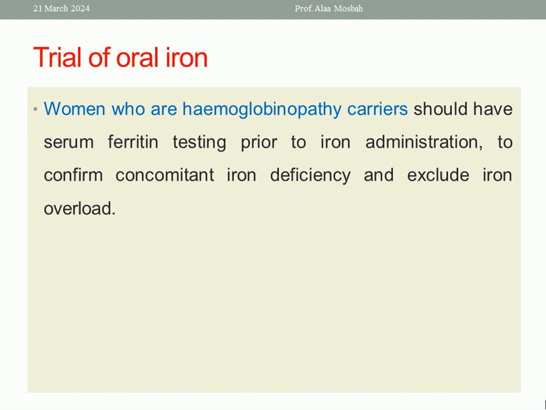So, in very special cases with hemoglobinopathy, you should test serum ferritin before you start a trial of oral iron therapy, to confirm concomitant iron deficiency and exclude iron overload, because there may be concomitant iron deficiency in such cases or not.